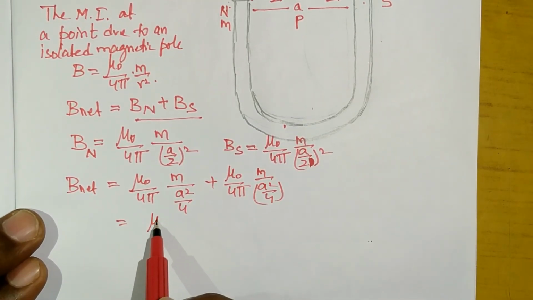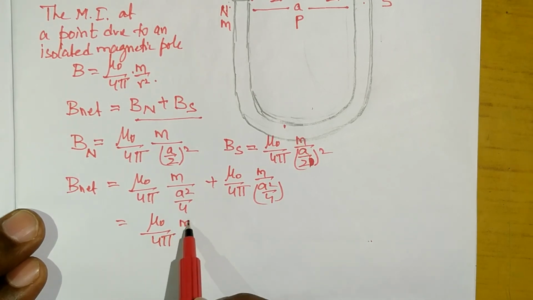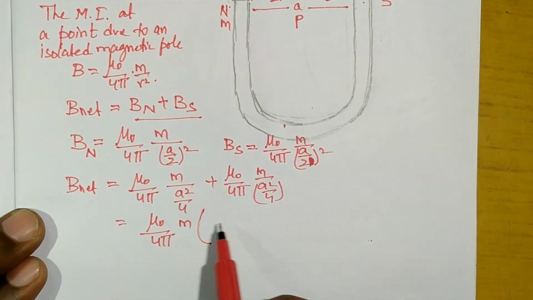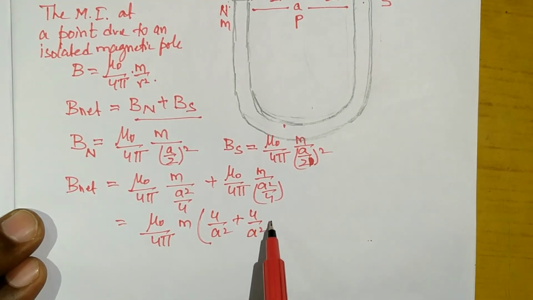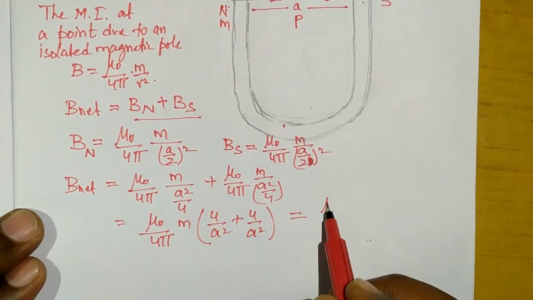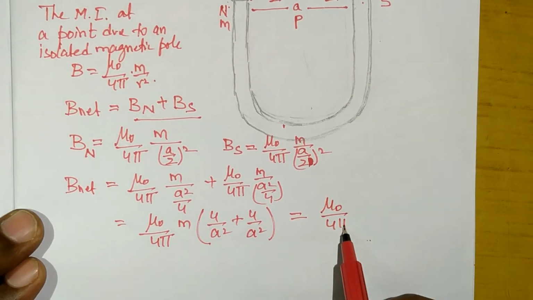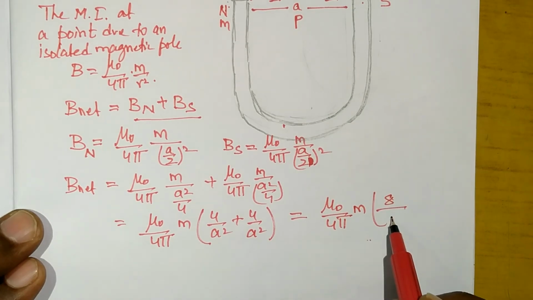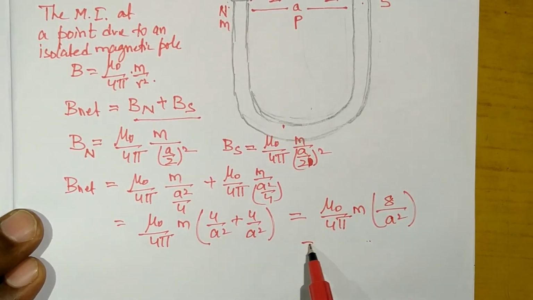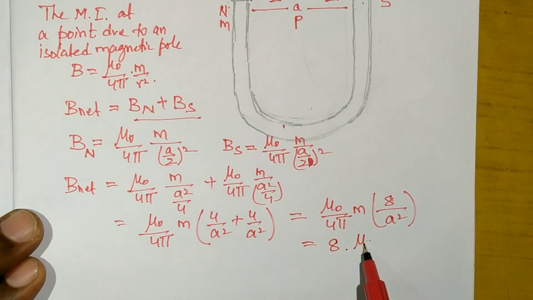Now take out mu naught by 4 pi M common outside. The reciprocal becomes 4 by A square plus 4 by A square, so this is mu naught by 4 pi M into 8 by A square. Therefore, if you bring 8 common outside, it is 8 into mu naught by 4 pi M by A square.